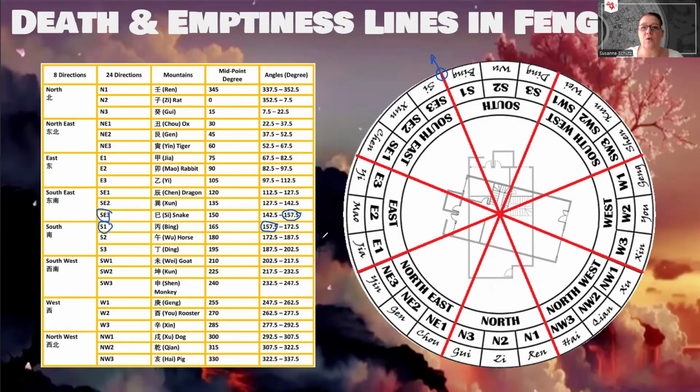Same, for example, if we look at Southeast 1 and East 3, where do we have it? Southeast 1 is here and East 3. So there, the common point or the cutoff point is 112.5 degrees, right? So if the house is facing 112.5 degrees, again, it's falling or is facing a major death and emptiness line.